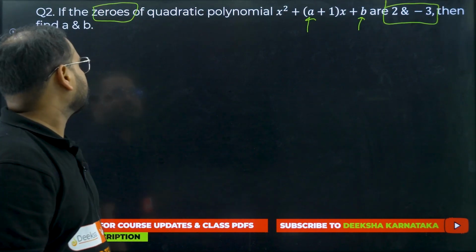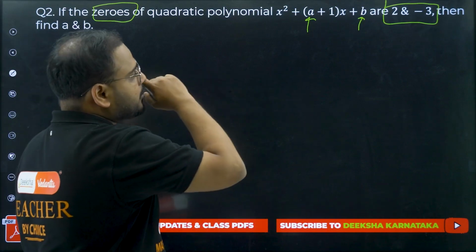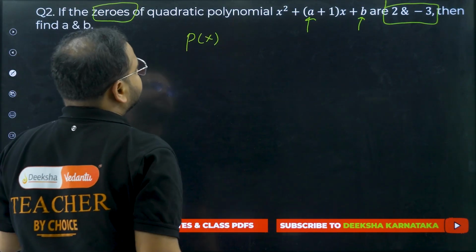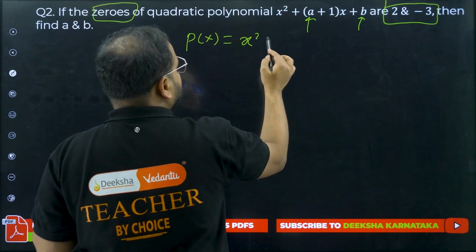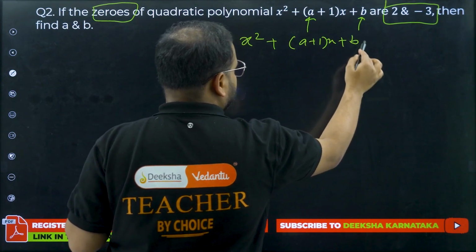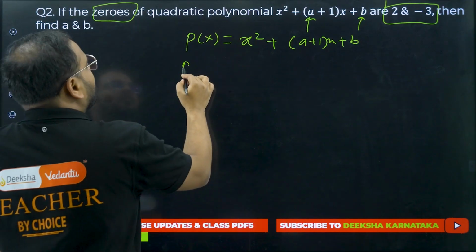So if the zeros of the quadratic polynomial are like this, how will I solve it? Substitute. I take this polynomial to be p(x) equals x square plus (a plus 1) times x plus b. Put the value of 2 in place of x.